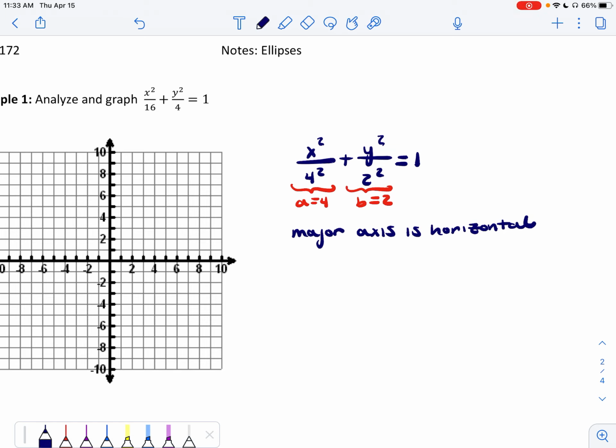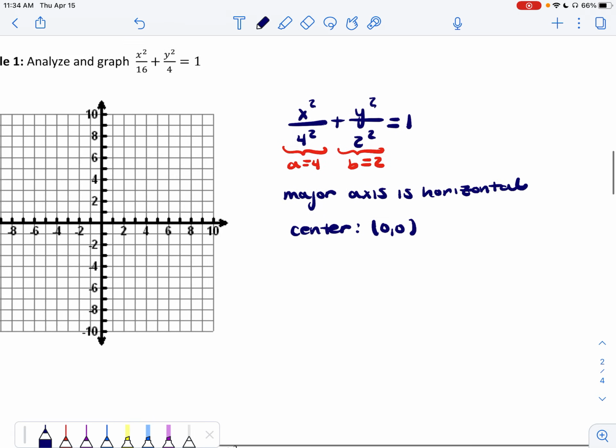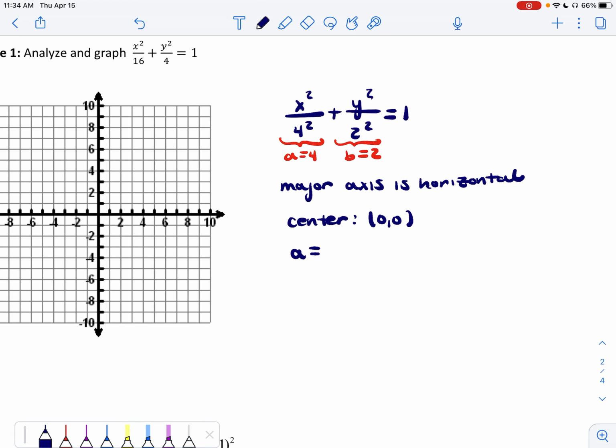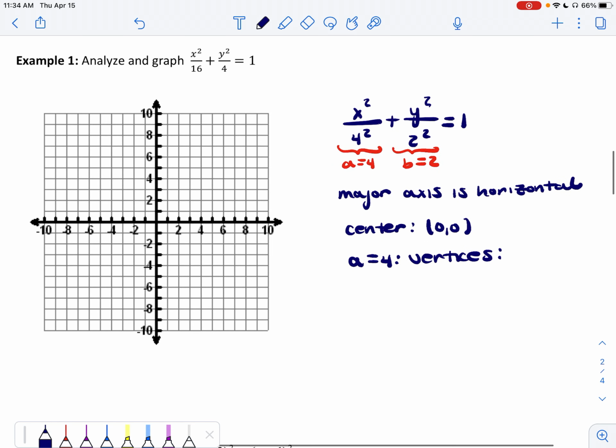Okay, so now let's find our center. So the center comes from the h and k with ellipses. Since it's just a plain x squared and a plain y squared, that means our center is at the origin at 0, 0. Okay. From the a value, we can find the location of the vertices. Now, sometimes it's easier to find some of these points if you do it as you graph it.